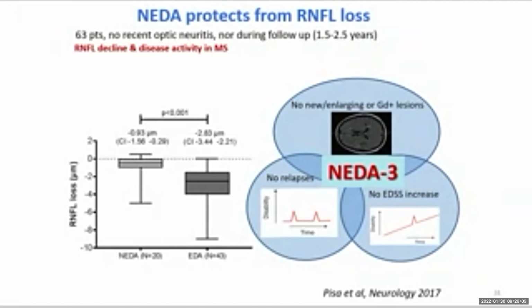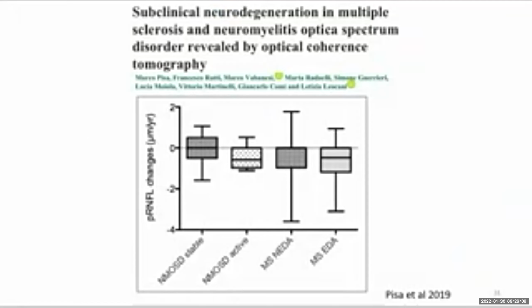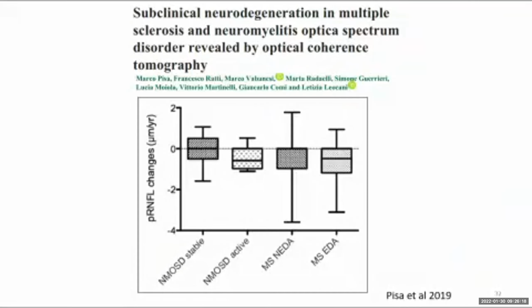As you can see here, the delta is not zero. But MS patients who are not NEDA have more ongoing axonal loss compared with stable patients with NMOSD. So these two pieces of evidence suggest that NEDA-3 is not enough to monitor MS.